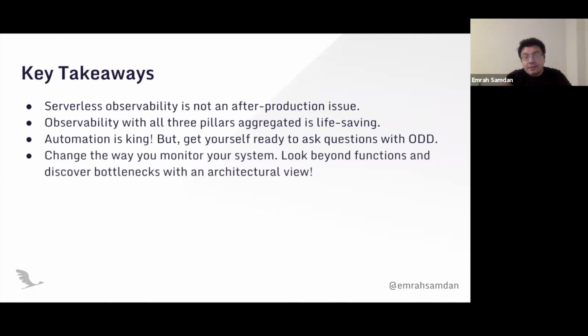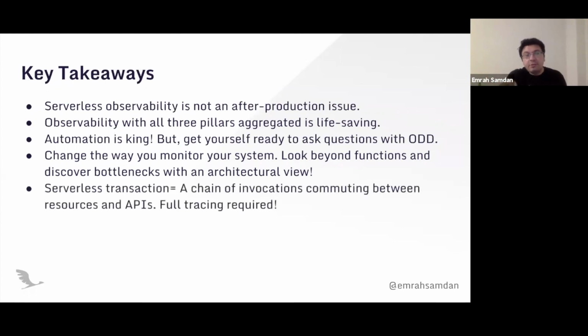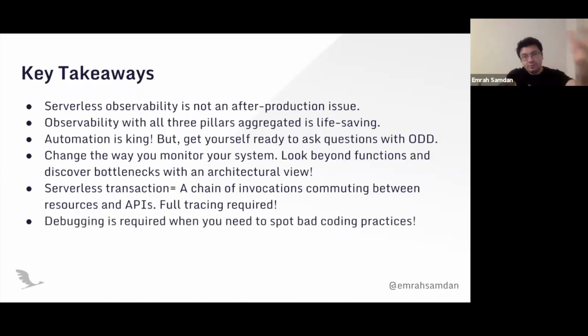In order to understand serverless architectures in a more holistic way, you need to look beyond functions. You should continue looking at functions, but also at how they interact with each other and how they make use of an asynchronous event-driven architecture. That's why you need distributed tracing, and you need to aggregate these traces to business flows and to architecture.